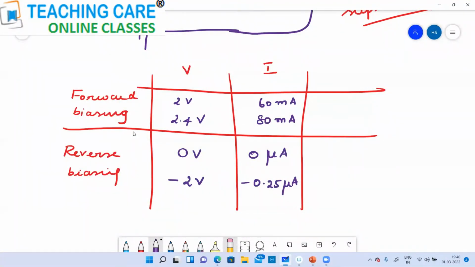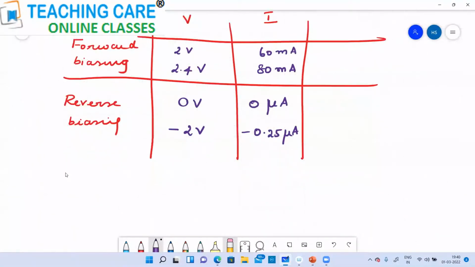So how will you do the first one? Dynamic resistance, forward biasing. I will just do 2.4 minus 2 upon 80 minus 60, but in the denominator we'll do 10 raised to the power minus 3.